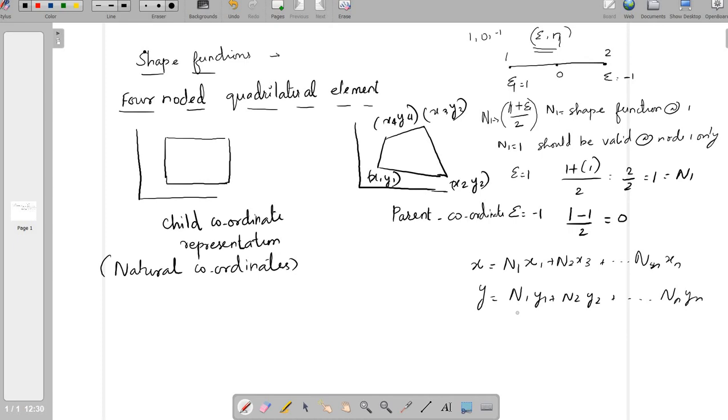So n is representing the child coordinate system, and y is the parent coordinate system. So we are going to find the original geometry displacement with the help of the assumed geometry displacement in natural coordinates. What are the natural coordinates? 1, 0, minus 1.